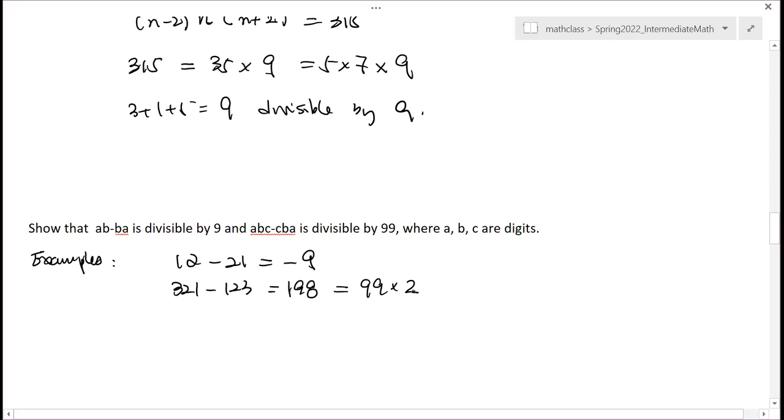But we have to prove it. We want to prove that this is true in general. How to prove the first fact?